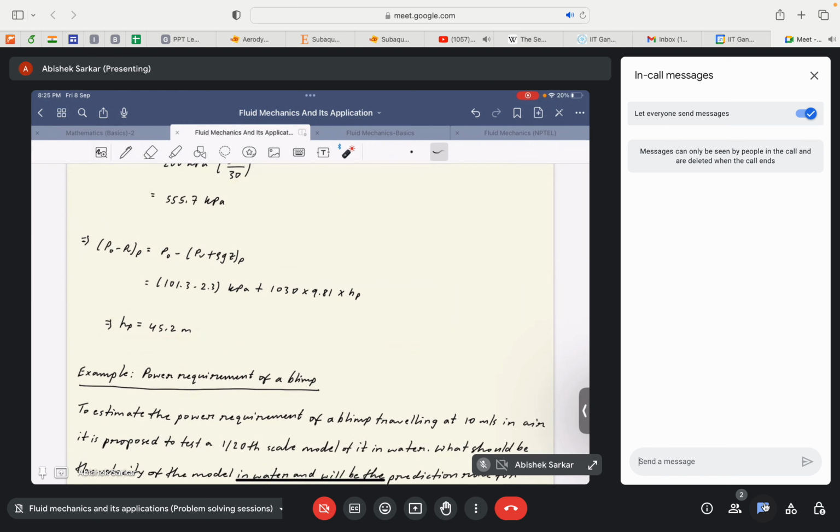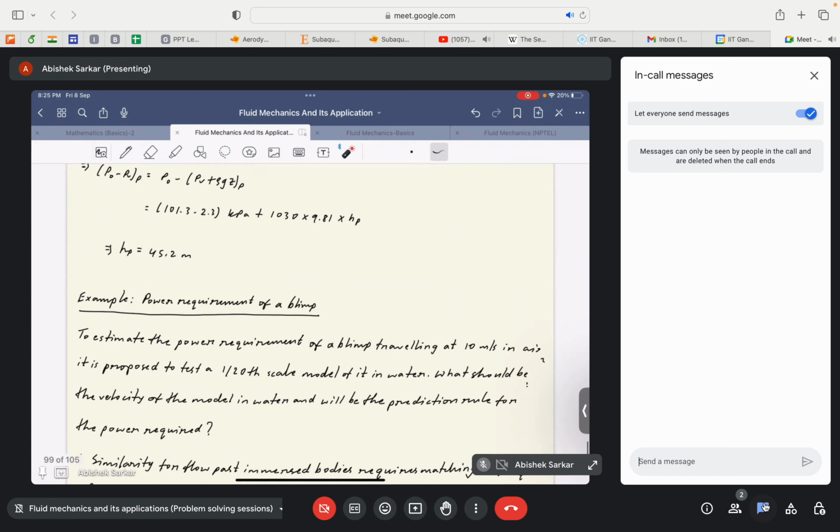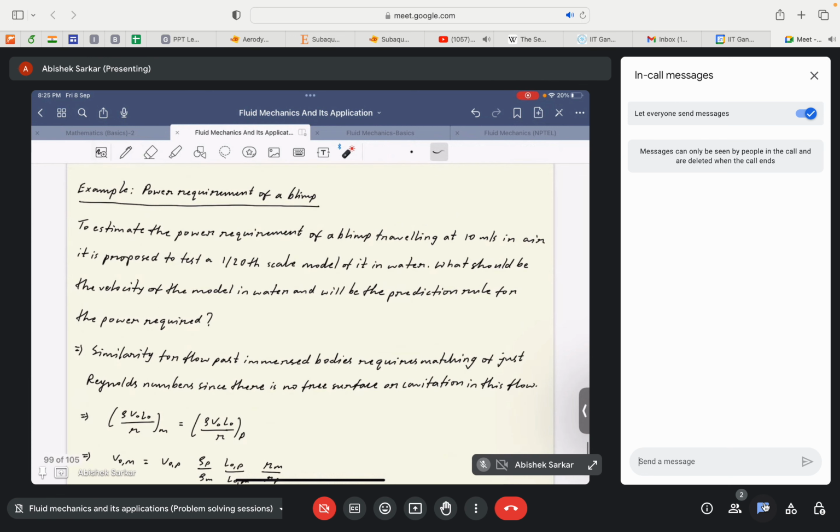Similar to that, we have the power requirement in the case of a blimp. This was dealt with in the lectures, but let me just see. To estimate the power required of a blimp traveling at 10 meters per second in air, it is proposed to test a 1/20th scale model in water.